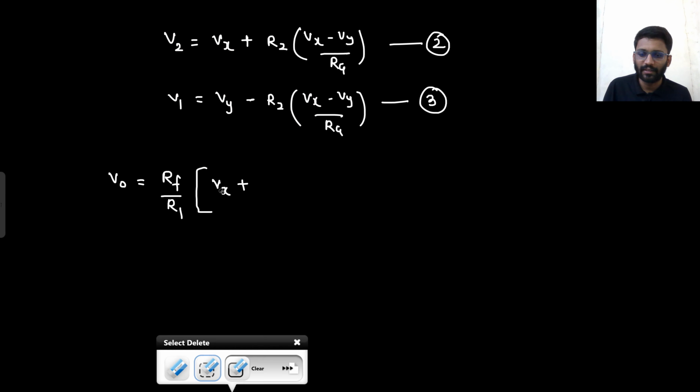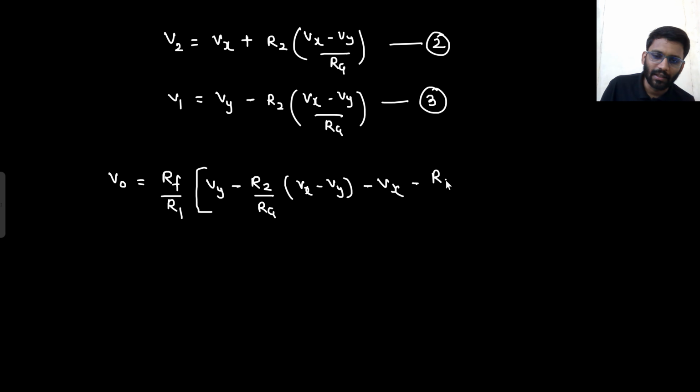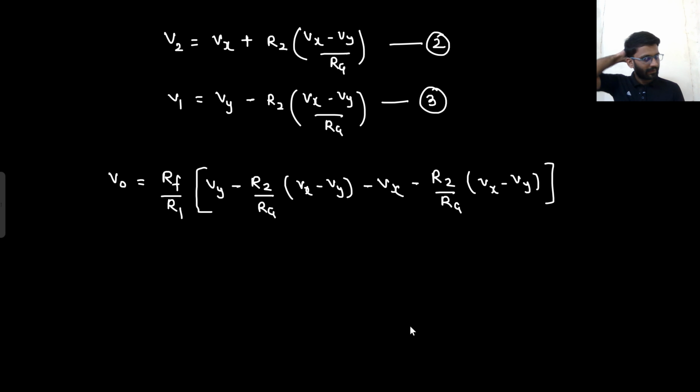So Vy minus R2 by Rg into (Vx minus Vy), minus Vx, minus R2 by Rg into (Vx minus Vy). Right? Everything is crystal clear. So Rf by R1.